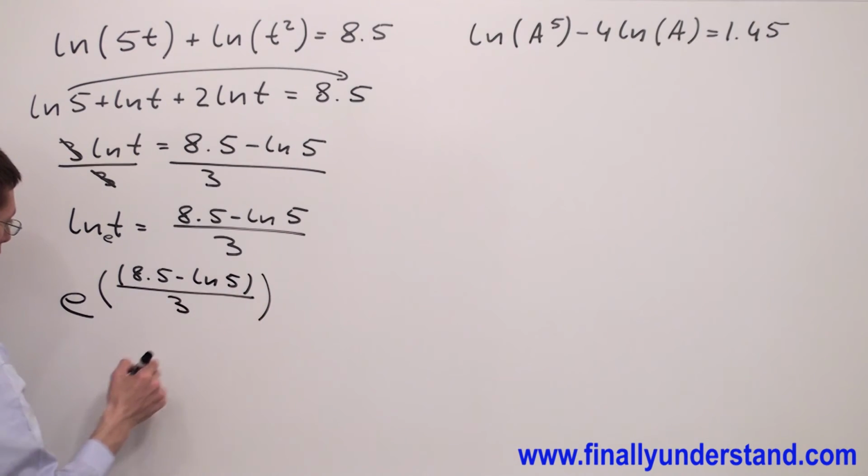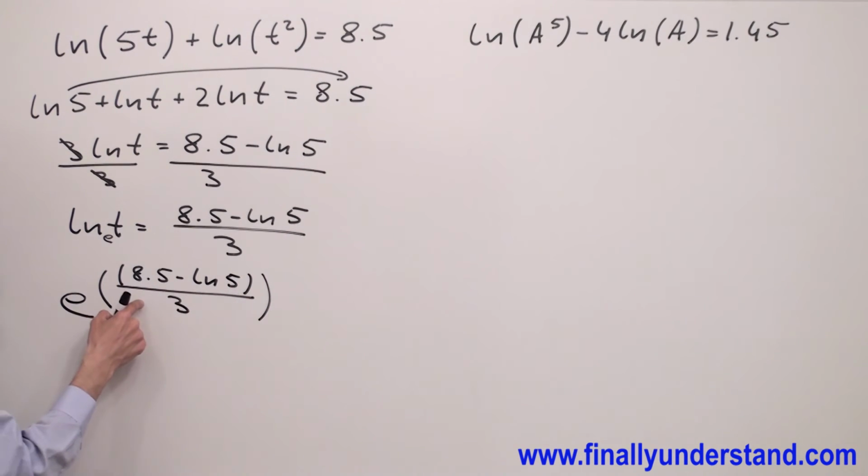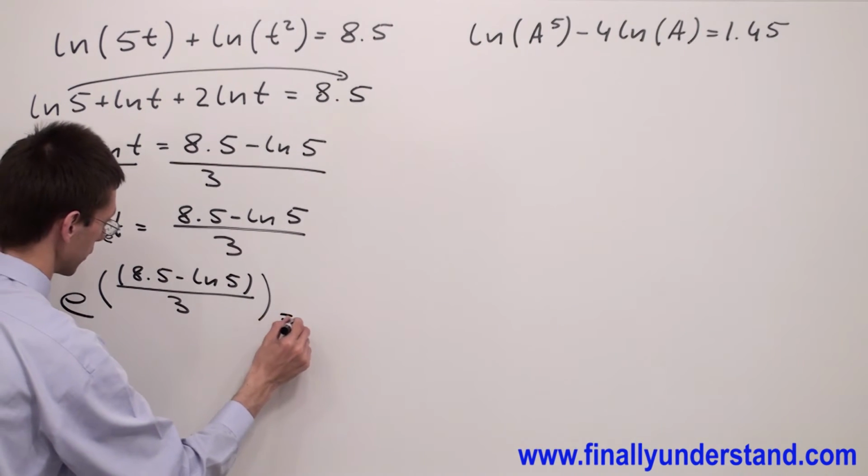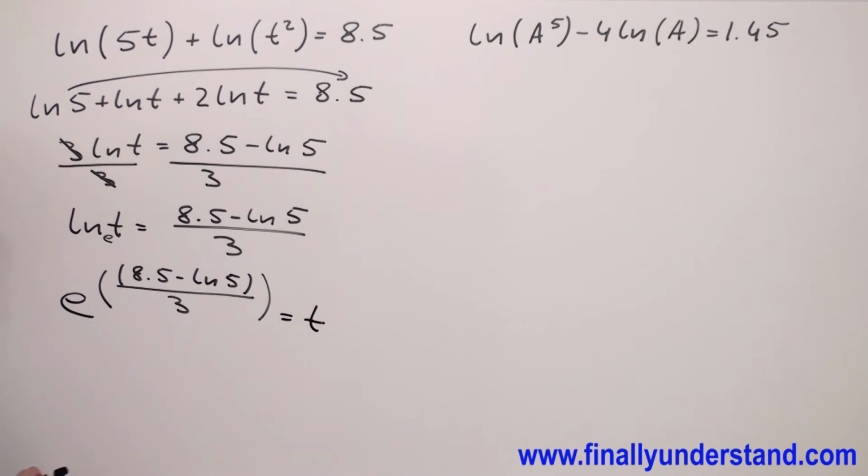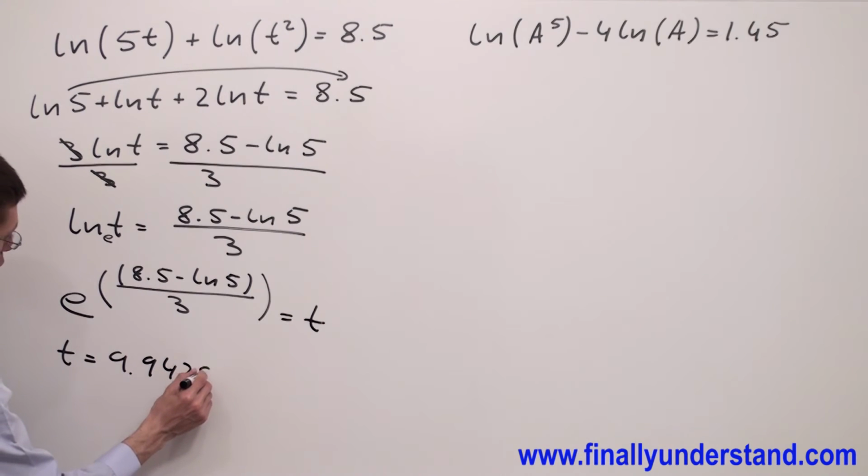Remember, if you enter this exponent into the calculator, you're supposed to type the parentheses in the correct places. Otherwise, your answer is going to be wrong. This is equal to t. So t is equal to 9.9429.